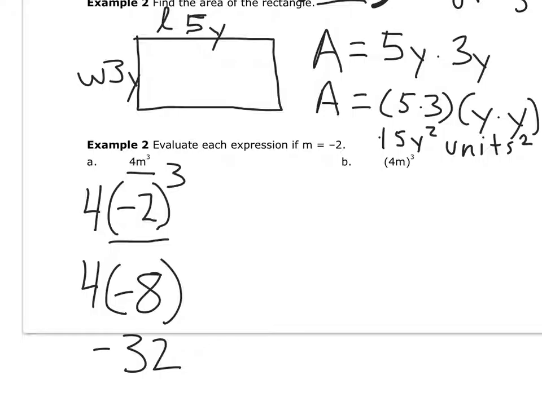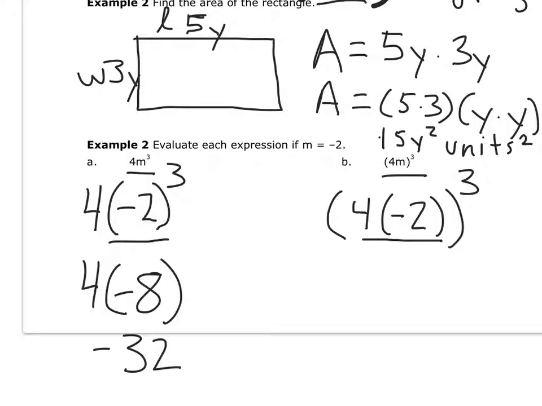Now notice these two are the same, but the parentheses added around the 4m change the order of operations, so you need to be careful. So I'm going to substitute. I have the 4, I have the -2, then I have the parentheses, and then I'm going to cube it. So now I have to do inside the parentheses first. So I have to do this first, and I get -8.